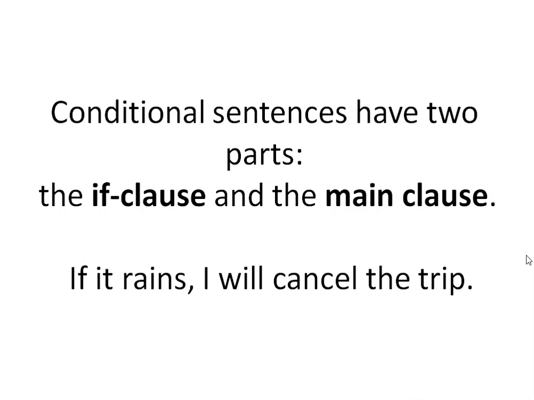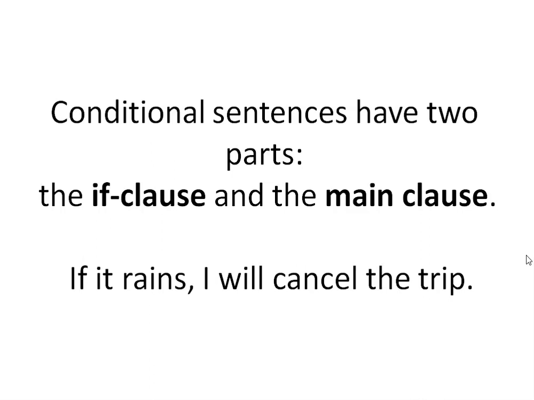If we take out the if and just look at the sentence, it rains, I will cancel the trip. The comma divides the two clauses. If we look at the second clause, that is, I will cancel the trip, it is the main clause because it is not dependent on any other clause.